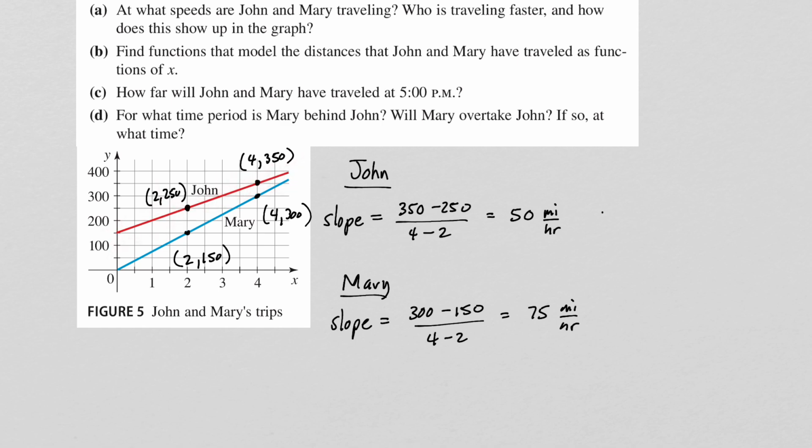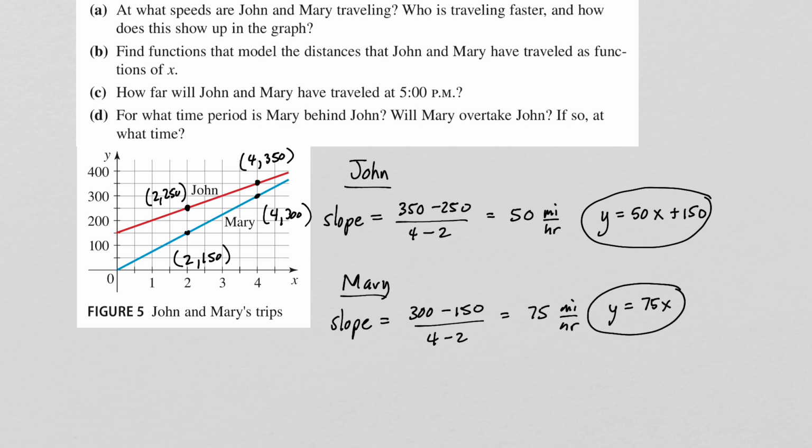So for John, the equation must be y equals 50x plus 150. And for Mary, the slope of her line is 75, but the y-intercept is 0. So her distance traveled is simply y equals 75x plus 0, which is just 75x.